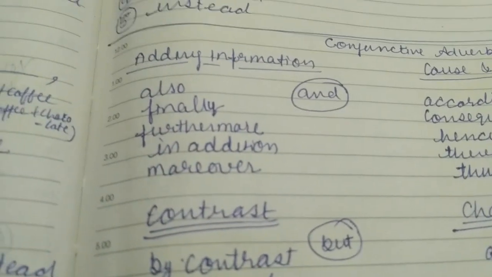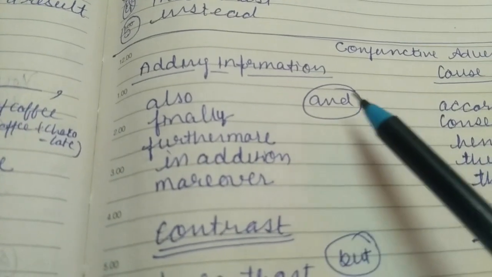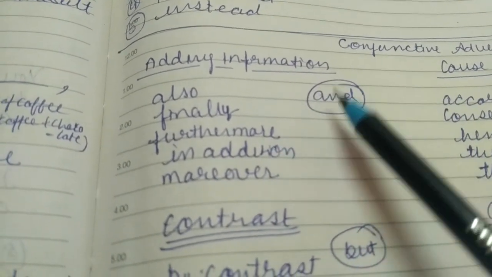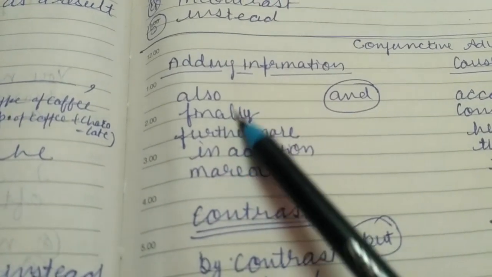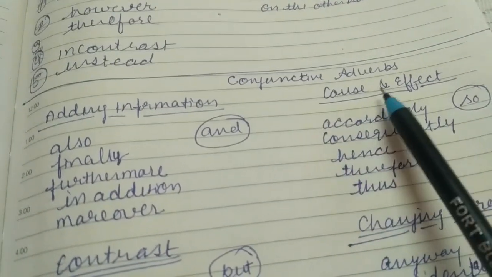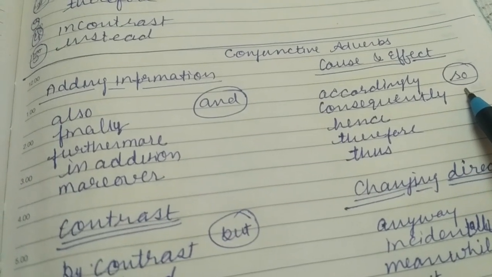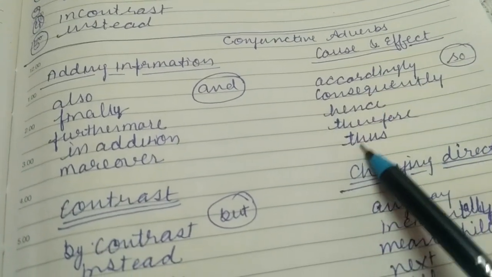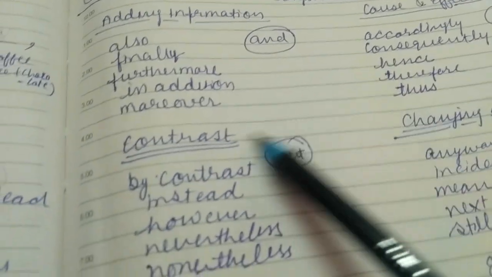If we are adding extra information, then as a conjunction we use and, but as conjunctive adverbs we are to use all these adverbs. To show cause and effect, we can use so as a conjunction, but we are to use all these as conjunctive adverbs.